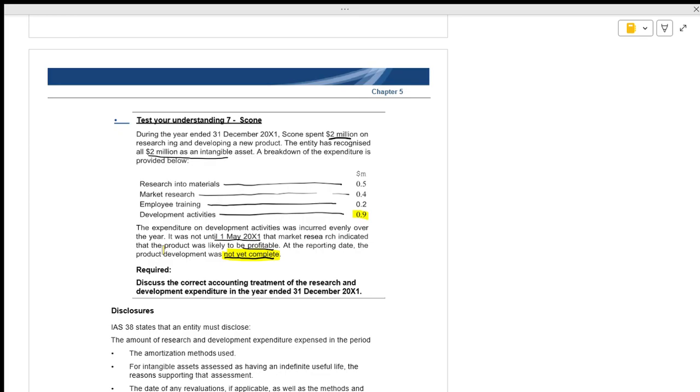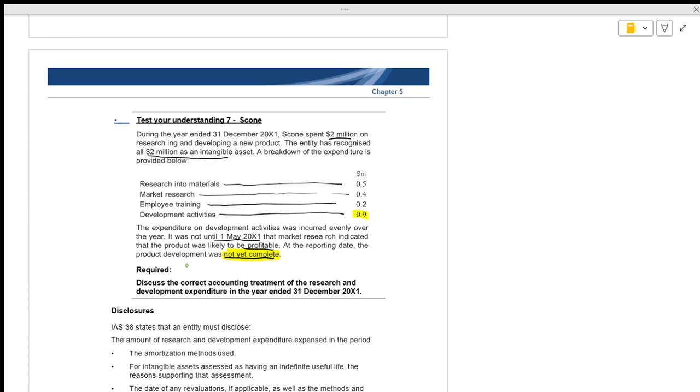It was not until 1st of May that market research indicated that the product will likely be profitable. Fine, it is likely to be profitable. For how many months?